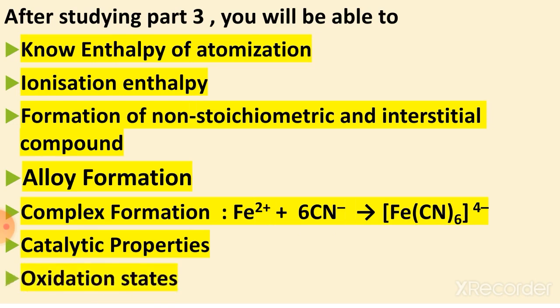Then oxidation state, that means the D block elements show variability. So you have to know about the reason behind the variability of oxidation state. All these topics are discussed here, and these are most important from the examination point of view.